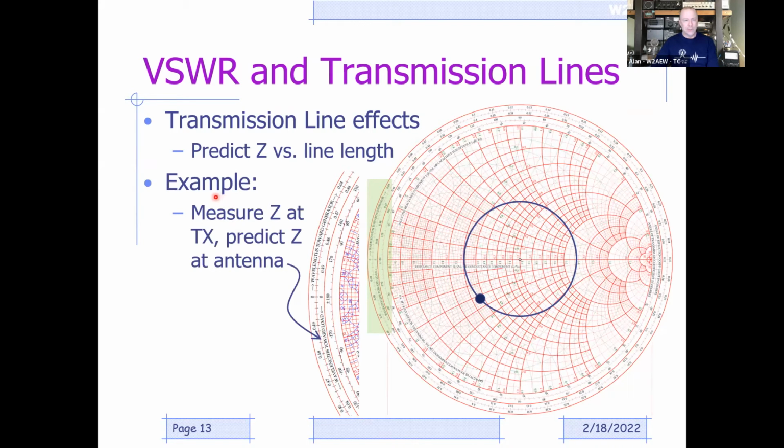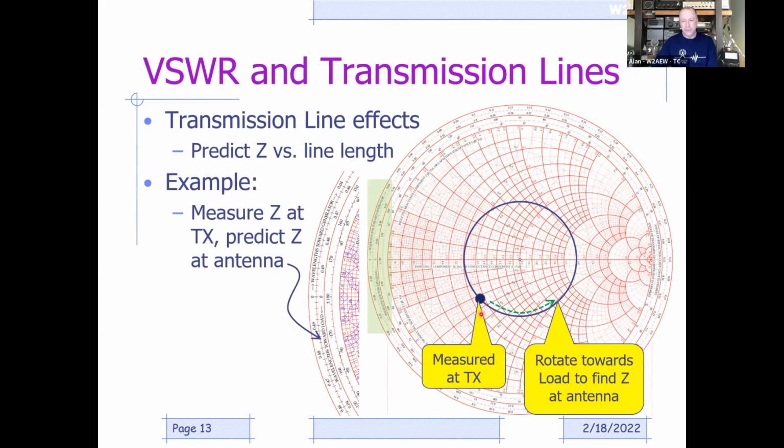So we're using those scales when we rotate around. Again, I can measure the impedance at the transmitter and predict the impedance at the antenna. If I measured the impedance at the transmit end, I would rotate towards the load. If I know the length of my line, I go by the right fractional wavelengths and say that's the impedance at the antenna itself.